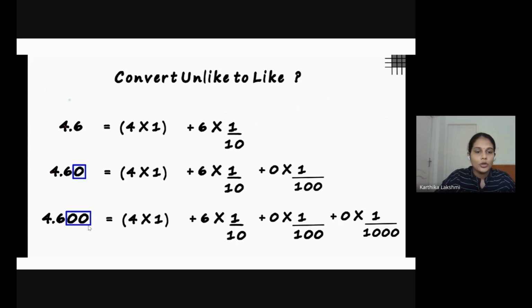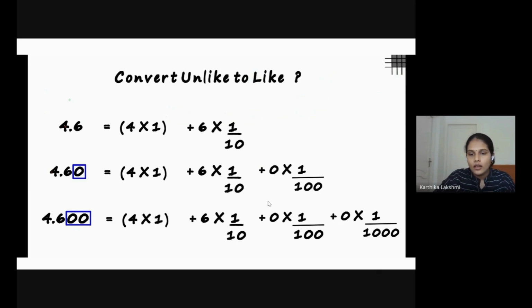Here you know that 4.600 is 4 in the unit digit, that is 4 into 1, plus 6 in the tenth digit, 6 into 1 by 10, plus 0 in the hundredth digit, 0 into 1 by 100, plus 0 in the thousandth digit, 0 into 1 by 1000.